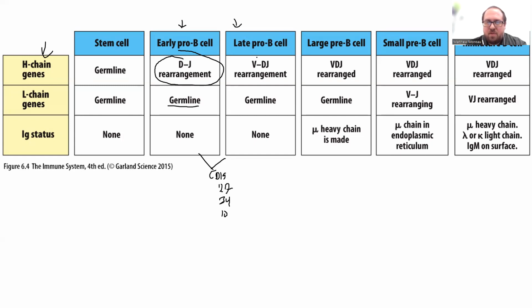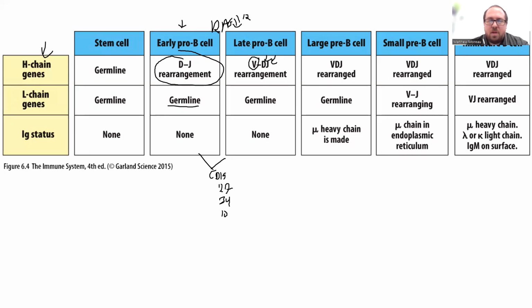The late pro B cell is where the variable segment is then combined to the diversity and the joining segment. So you get D and J rearrangement first, and then V is looped in. And again, the function of these is all based on differential expression of RAG, RAG 1 and 2.